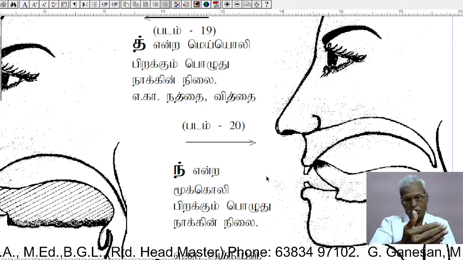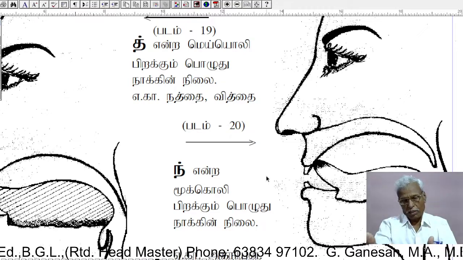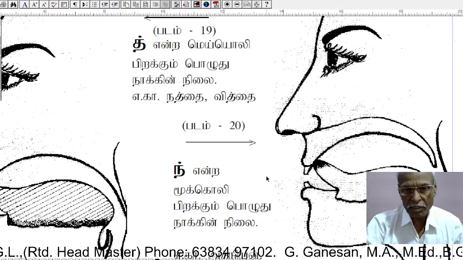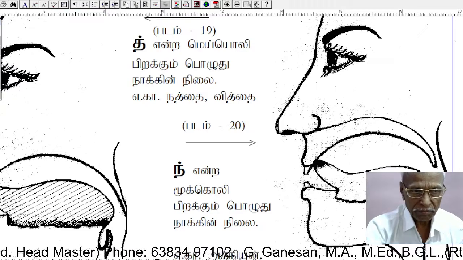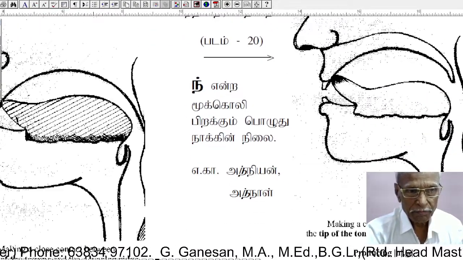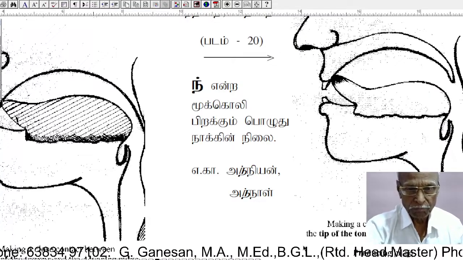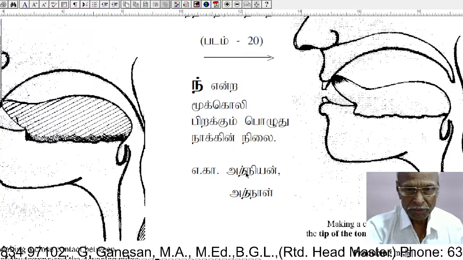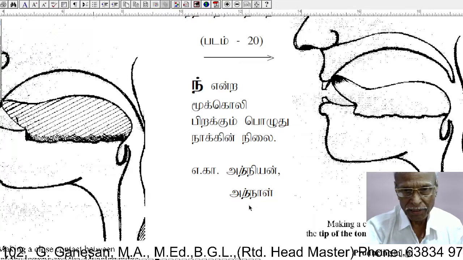So it is called a nasal. Example: onion, unknown.